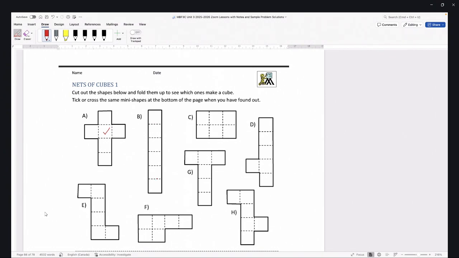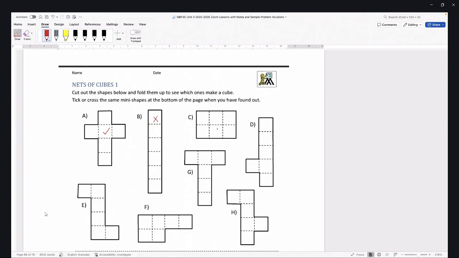This one, if I fold up, I can make this the back, the bottom, the front, and the top, keep folding it, but there's no way I can get to the side because this would just fold over onto the bottom to the side. So this one cannot be a cube.